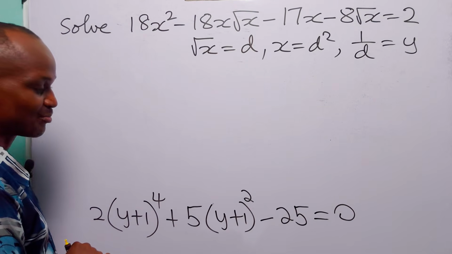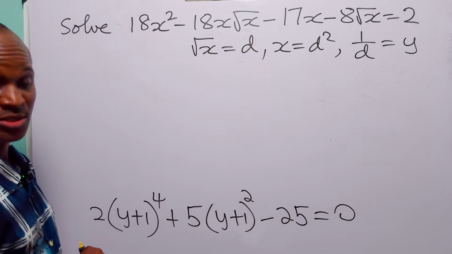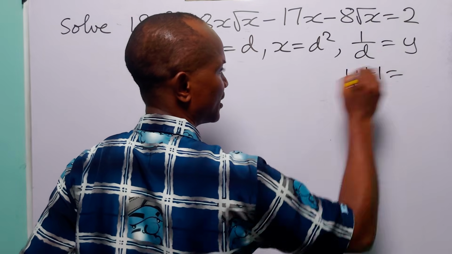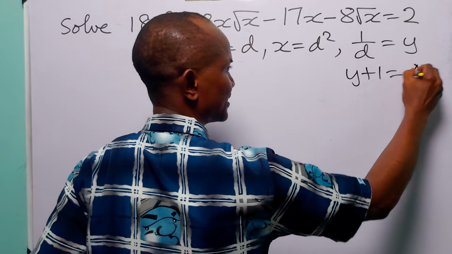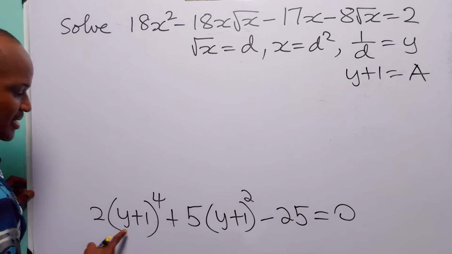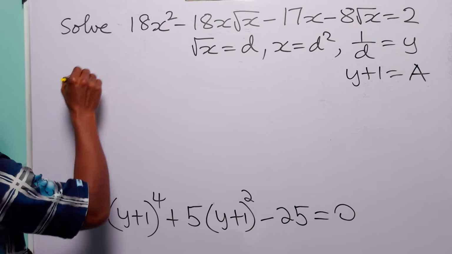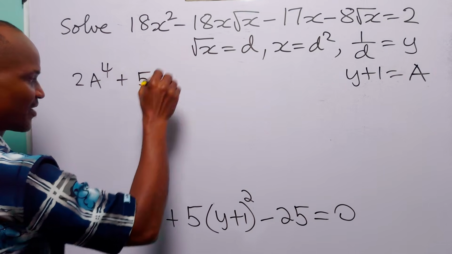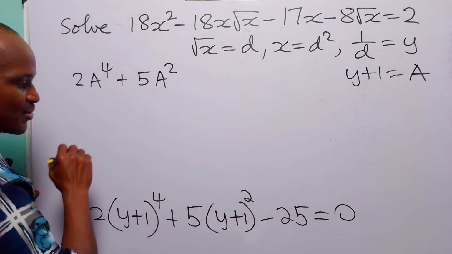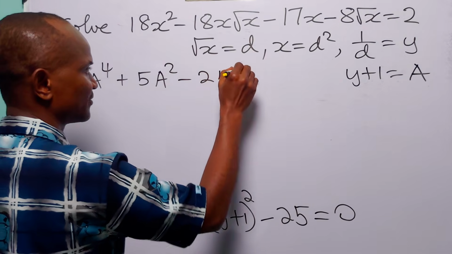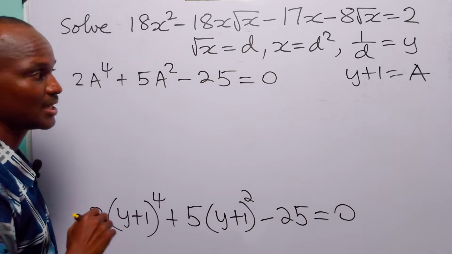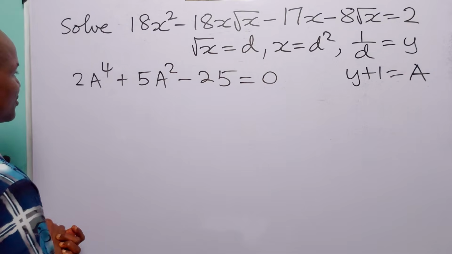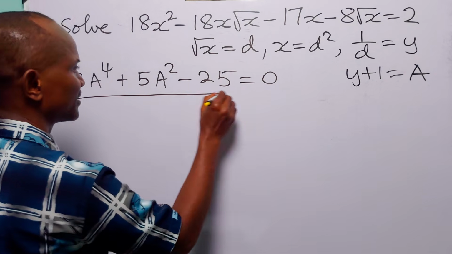And of course, at this point, we need to do one more substitution. So let y plus 1 be equal to the letter a. Now we can write this equation as 2a to the power 4 plus 5a squared minus 25 is equal to 0. Now we can solve this equation by factorization. Let us use the table method.